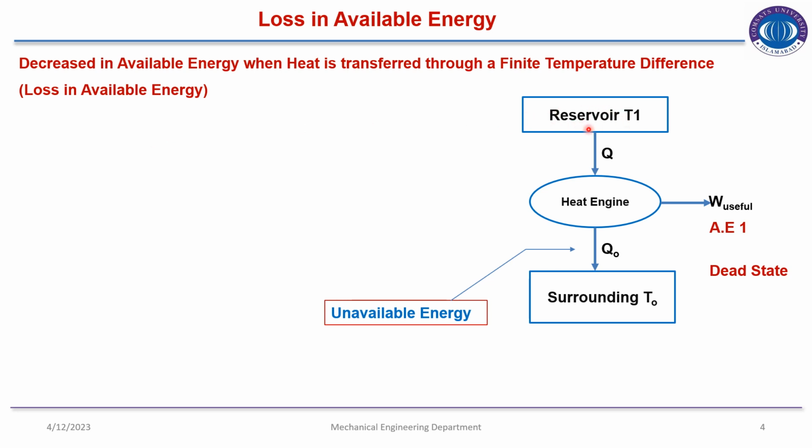Here a reservoir at T1 is shown and Q amount of energy enters the heat engine. W useful is the work produced by the heat engine, that is the available energy AE1, and Q naught is the unavailable energy, the heat rejected from the heat engine into the surroundings at the dead state.